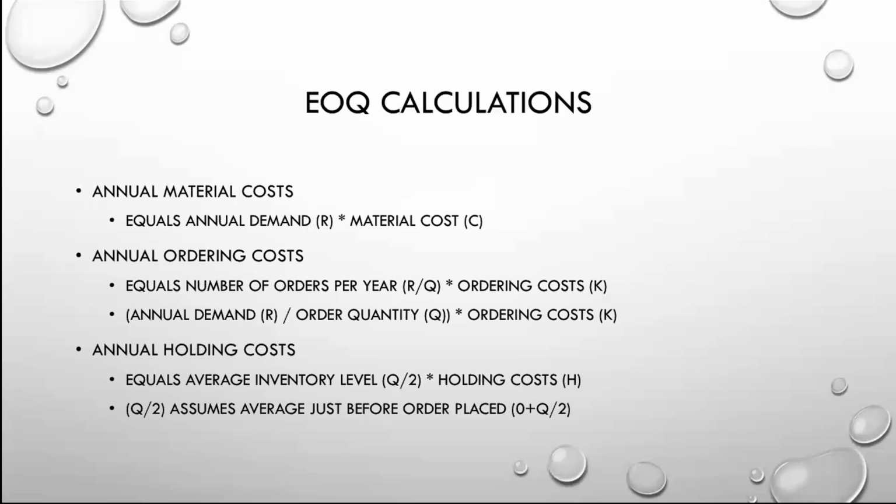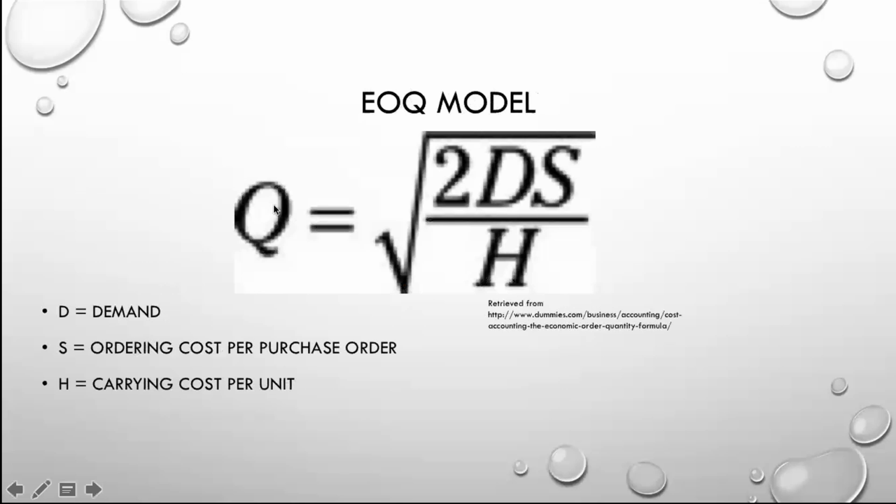Now, when you do your EOQ calculation, it is this equation right here. So D is your demand. This is what you determine is your demand for your product. The ordering cost per purchase order is S, and then H is your carrying cost. So straightforward.